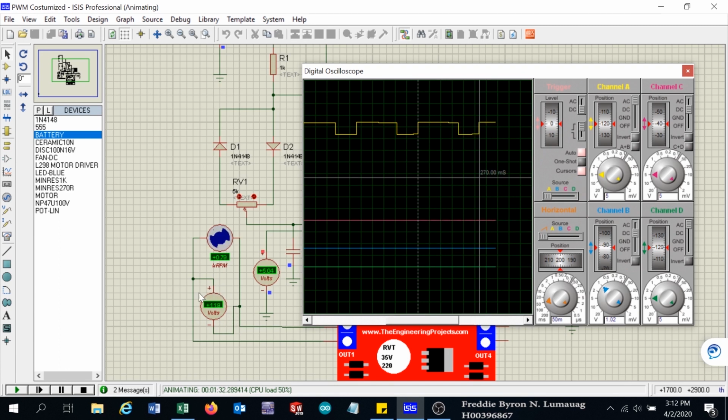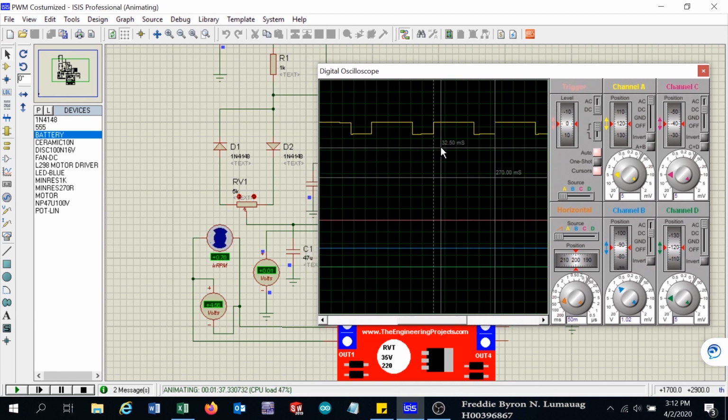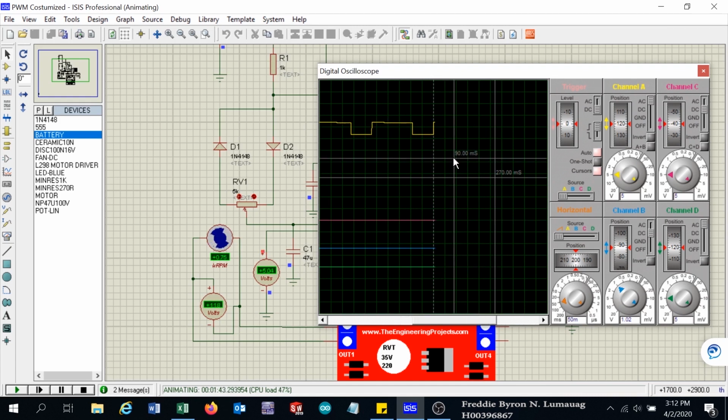That is approximately 12 volts here, as we have studied before. The power is increasing here because it depends on how long you turned on your circuit. How long did you give voltage to the motor?